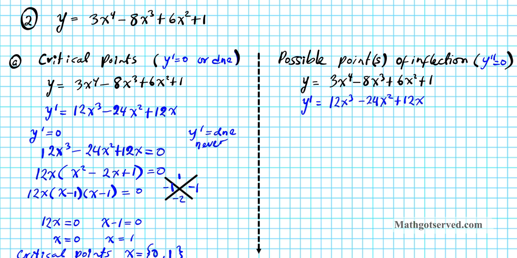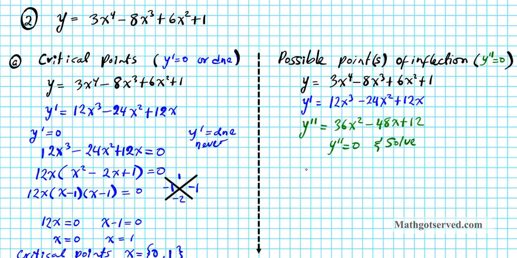Now we're going to find the second derivative, y double prime. y double prime is 36x squared minus 48x plus 12. So all we have to do here is set y double prime equal to 0, as we indicated, and solve.